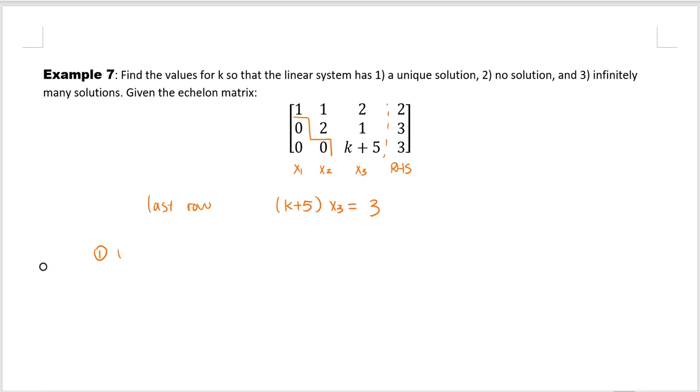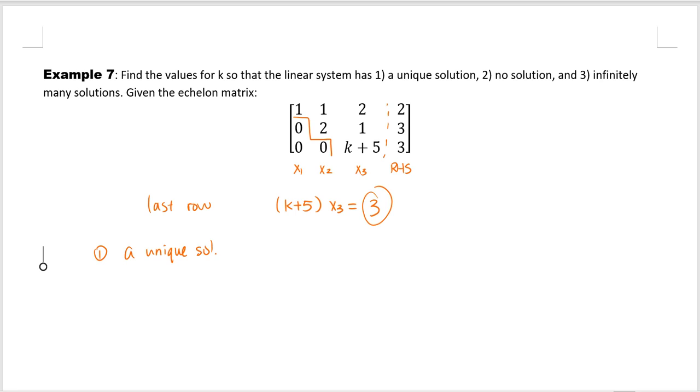Okay, when do we have a unique solution? We have a unique solution if the coefficient of x3 is not 0. Then we can solve for x3. Actually, we don't care what the right hand side is. It could be 0 or it could be not 0.